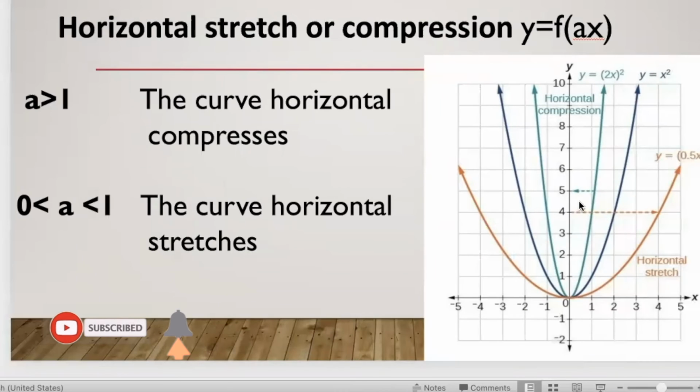Now, if I have, for example, a number between 0 and 1, then we get a horizontal stretch, where it gets further and further away from the y-axis. So we call it a horizontal stretch.